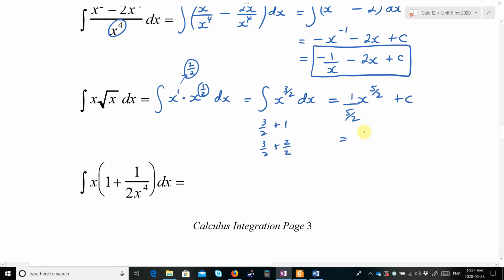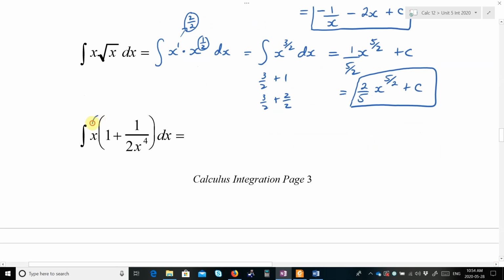And of course 1 divided by 5 over 2 is 2 over 5. And there's our integral.